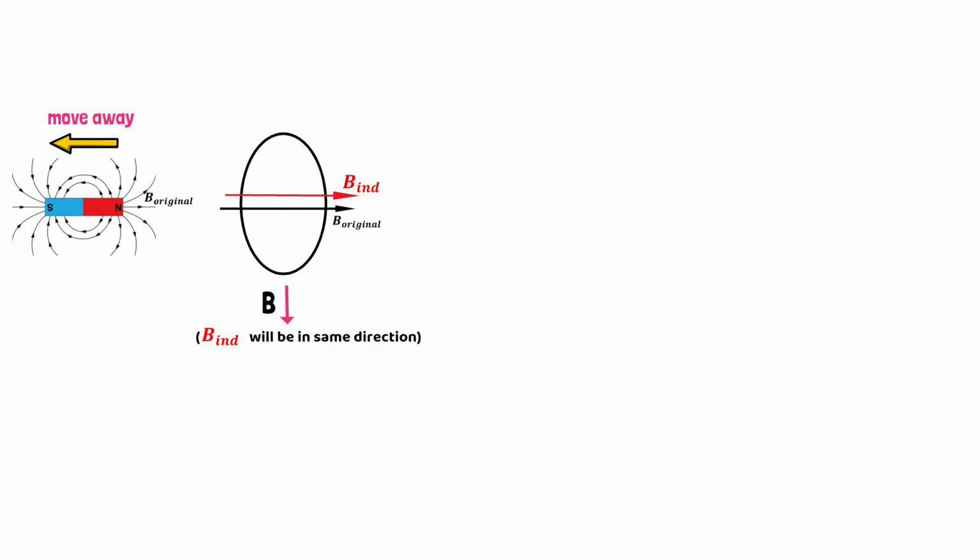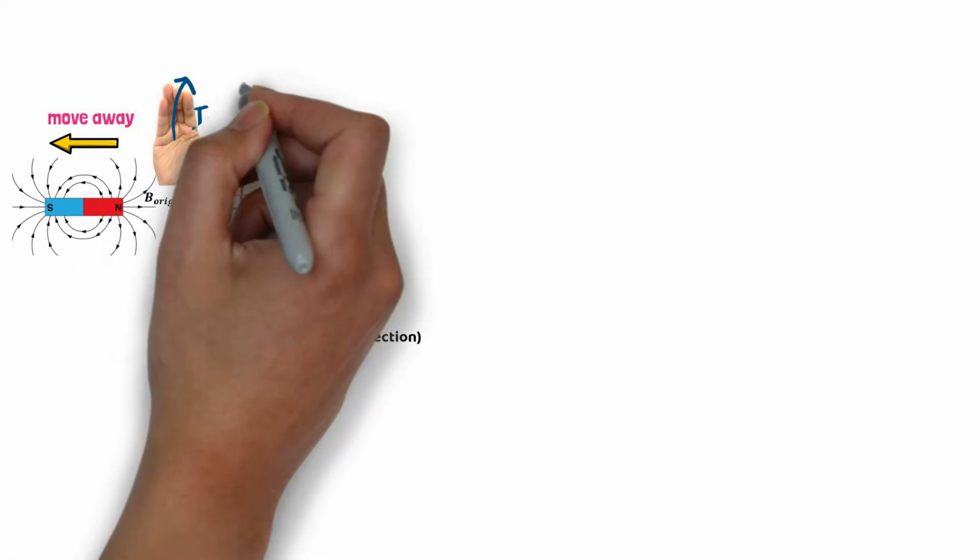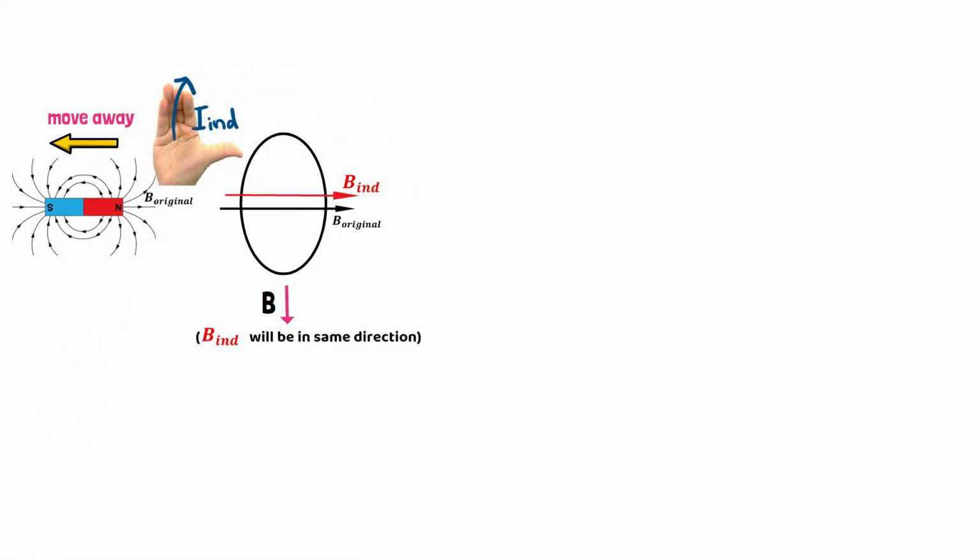So kita gunakan right hand grip rule macam biasa. So your thumb should be pointing to the right and then your induced current is pointing outward dan 4 jari yang lain akan pergi ke depan, arah depan iaitu ke bawah. Okay, so kita boleh nampak dekat sini direction of the induced current is clockwise direction. Boleh?